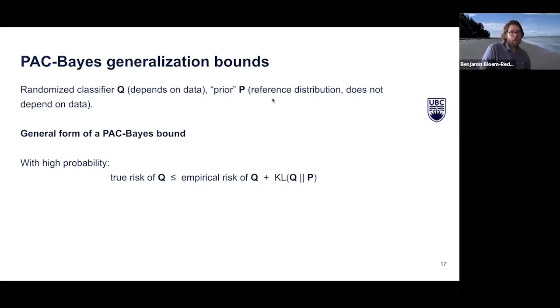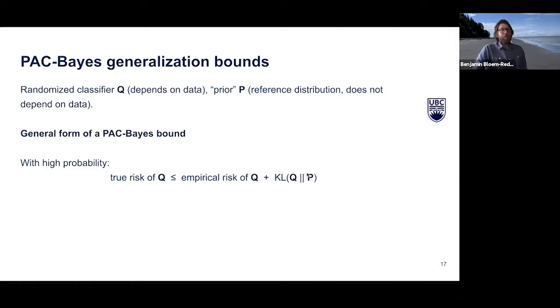The general form of a PAC-Bayes bound is that with high probability, if we learn some randomized classifier Q that depends on the data, we can bound the true risk of that randomized classifier by the empirical risk and a term that involves the KL divergence between Q and our reference distribution.